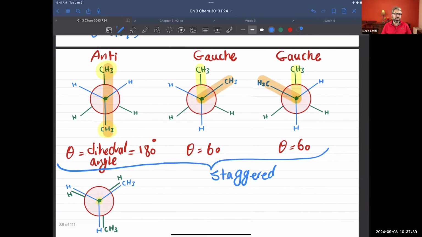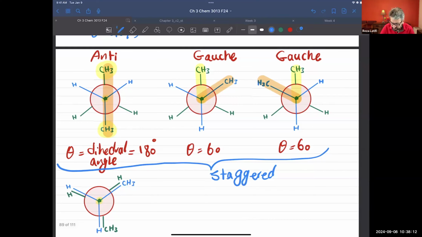Anytime your dihedral angle is something bigger than 0, like 60 or 180, the system gets more stable. The general term that we use for them is staggered structures. A staggered structure can be anti or gauche. In anti, the dihedral angle is 180 degrees, and the gauches are 60.